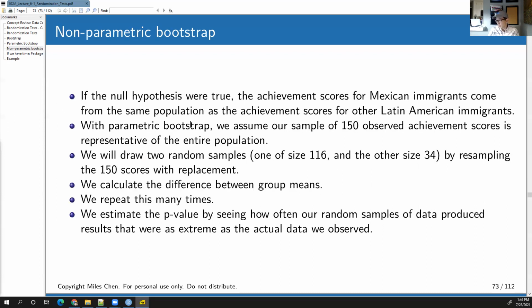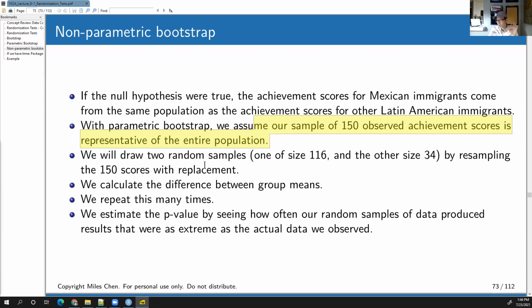Okay, so this is how the non-parametric bootstrap would look. If the null hypothesis were true, we're basically saying the achievement scores for Mexican immigrants come from the same population as achievement scores for other Latin American immigrants. And so what we're going to say is, under the bootstrap, our 150 scores that we have in our sample are representative of the entire population.